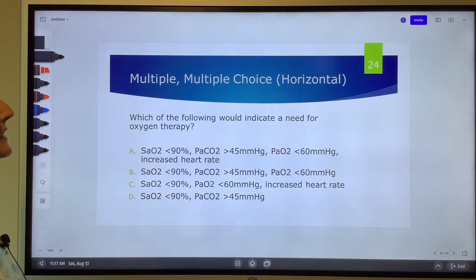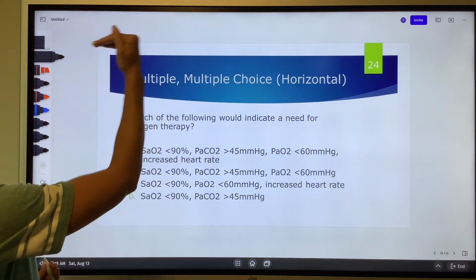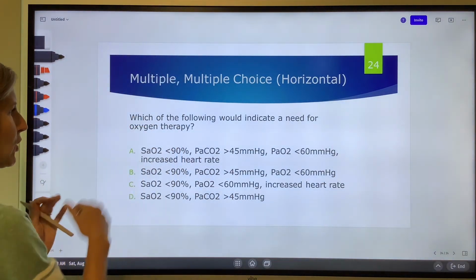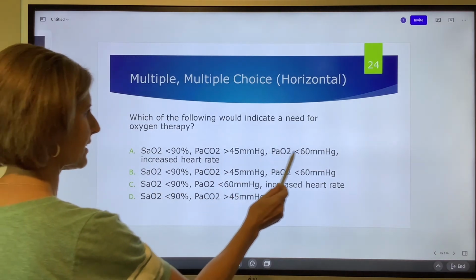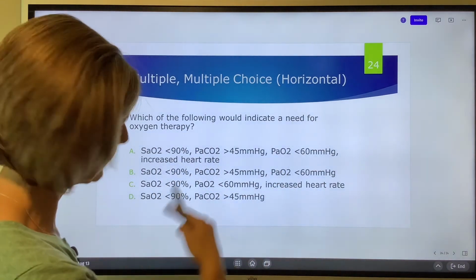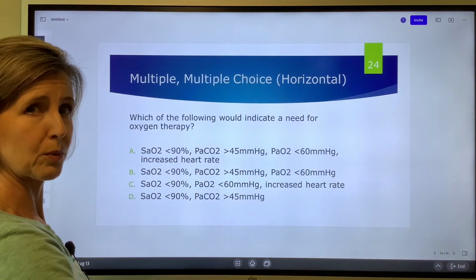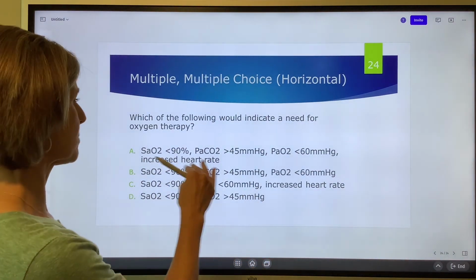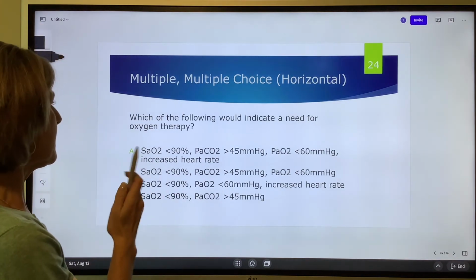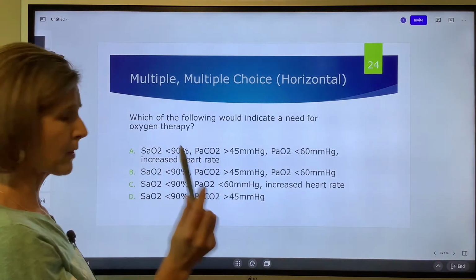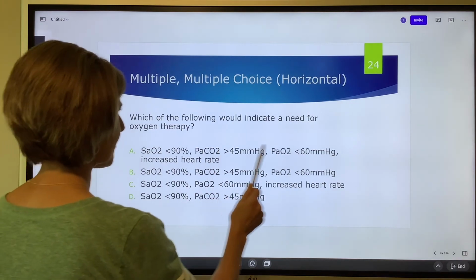Which of the following would indicate a need for oxygen therapy? And so while you don't have those answers stacked up vertically, you do have them all horizontally. And I think these are harder for me. And maybe it's just because I grew up with them multiple going vertically, but these are much more difficult for me because a lot of people, when they approach these, want to look at each and everything.